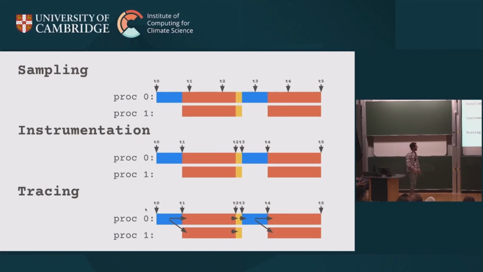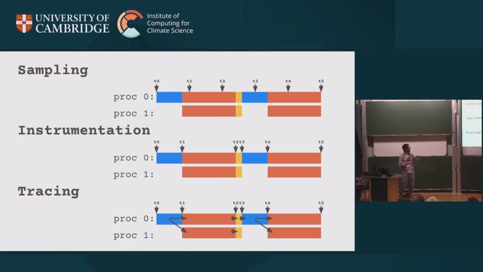Tracing is sort of like the ultimate pairing of everything. You get a lot more information. So it's like instrumentation. I mean, you can also use sampling, but in this case it's showing instrumentation with tracing. You have the start of the function and the end of the function, but you also get this kind of idea of causality.